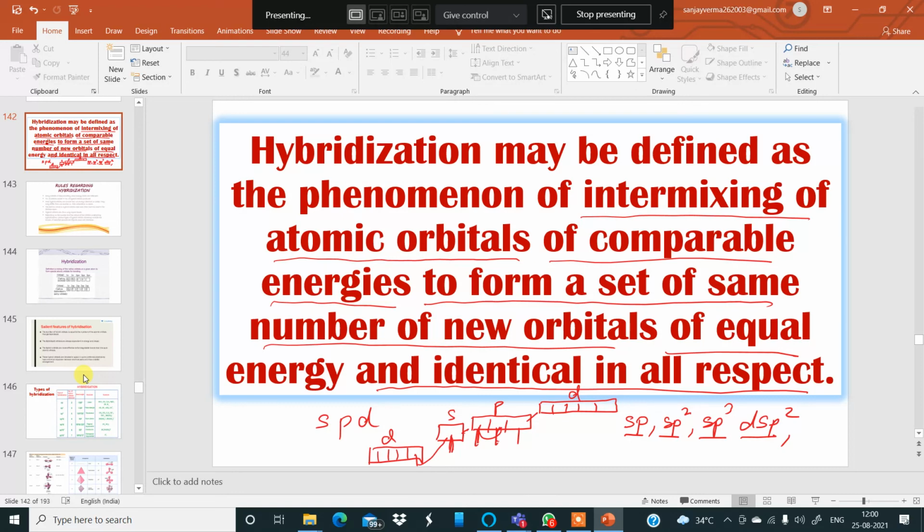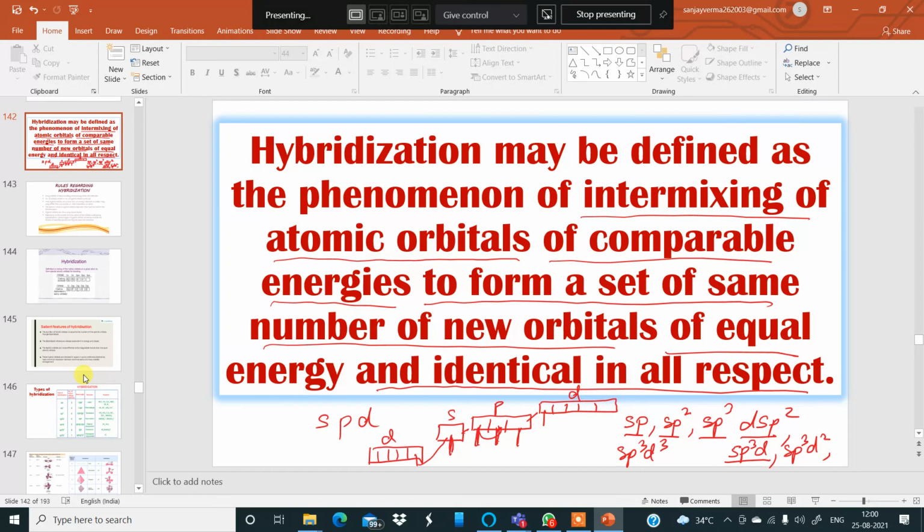Then we can go higher: sp3d, that means one s, three p and one d. Then sp3d2, and then sp3d3. So many hybridizations we can have by allowing the orbitals to intermix with each other.